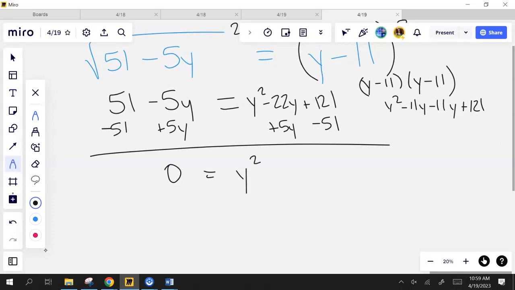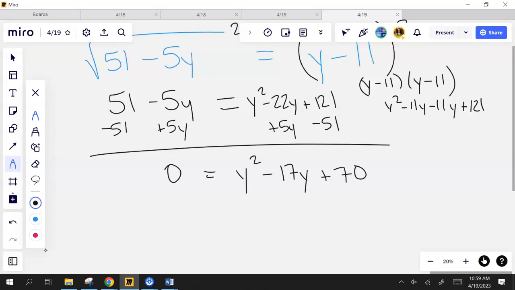What's negative 22 plus 5? How about 121 minus 51? Can that be factored?